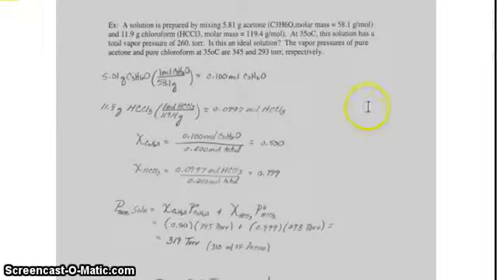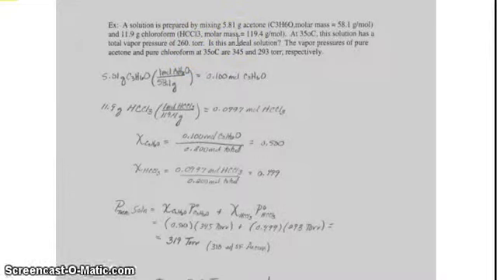I have an example here that gives you what the vapor pressure is measured to be. And so what you're asked is, given the amount of acetone and the amount of chloroform that you are using to make a solution, if the vapor pressure is measured to be 260 torr, is it ideal?